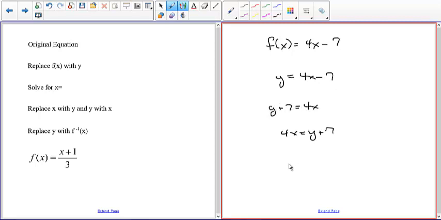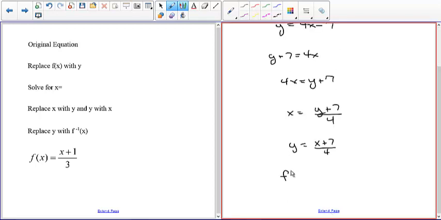Then divide by 4, so you get x is equal to (y plus 7) over 4. Then you replace x with y and y with x. And then finally, the inverse function of the original function is just (x plus 7) over 4.